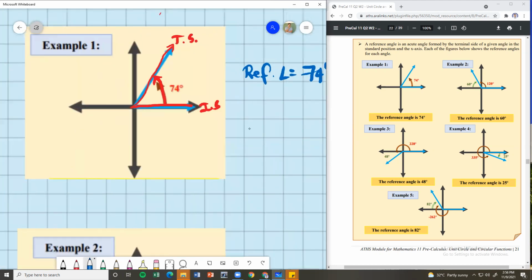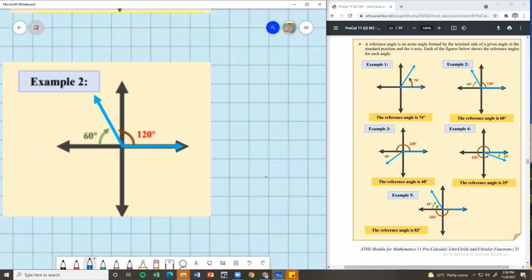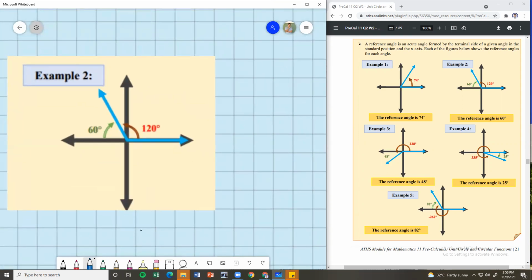Let's have this example number 2. Ayan. In here naman, this is our initial side, and this is our terminal side. This is now our focus, our terminal side. Saang x-axis siya pinakamalapit?